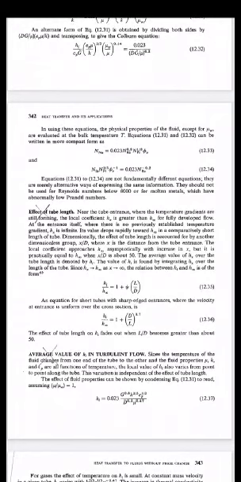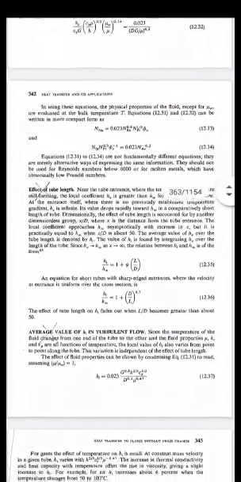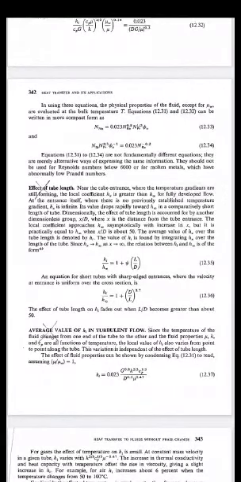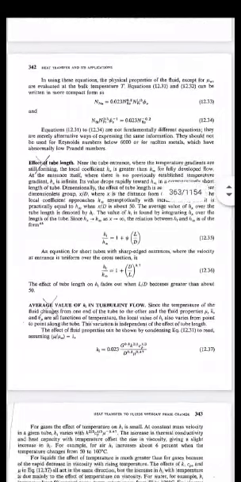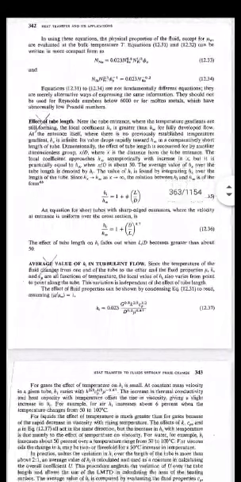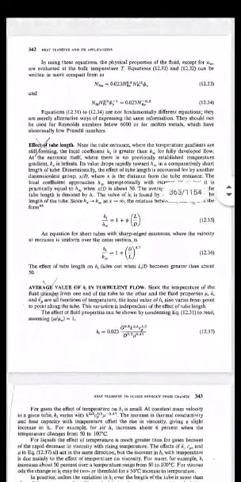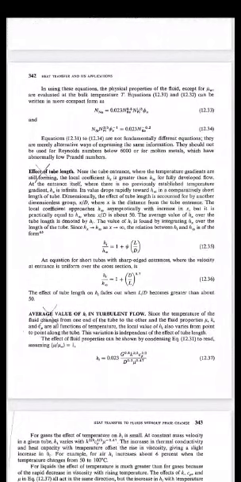That is our role. Now generally near the tube entrance, where the temperature gradients are still forming, the thermal contact between the shell side fluid and the tube side fluid is at the tube wall, where the local coefficient hx is greater than h infinity for the fully developed fluid. Now this equation can also be written as shown in 12.35, where hi upon h infinity.